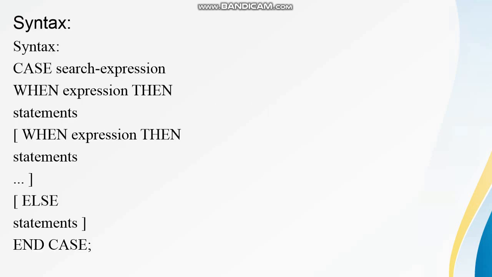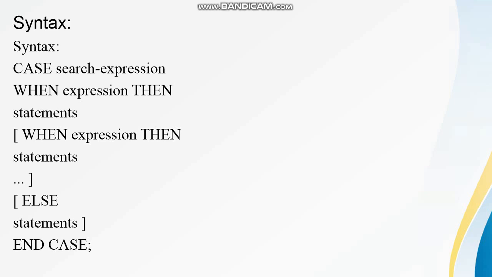What is the case statement over here? You can see the case statement starts with the keyword case, followed by the search expression, based on which we are going to continue. Then this is the when expression. When the condition is met, then the statement is executed.